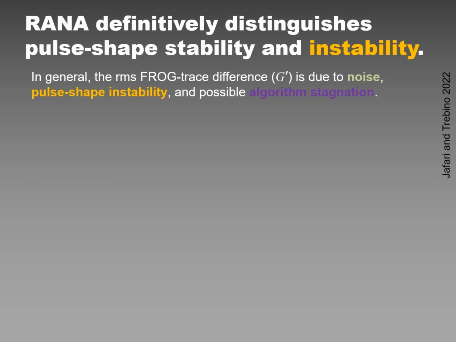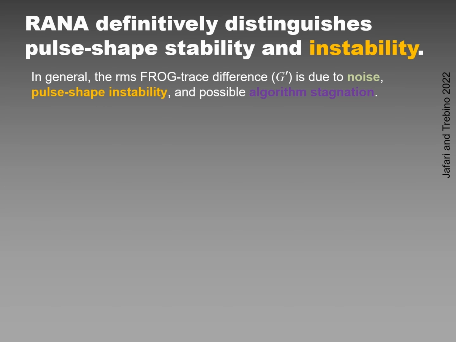But the ultimate goal of pulse measurement is not only to measure stable pulse trains and to avoid being confused by unstable ones, it's also to definitively distinguish between stable and unstable pulse trains. Sure, discrepancies between measured and retrieved FROG traces indicate instability, but algorithm non-convergence, called stagnation, also causes similar discrepancies.